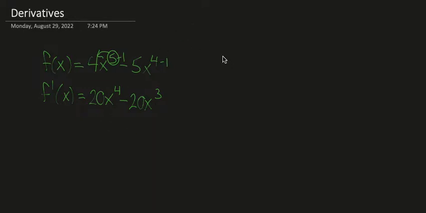Our next equation is going to be f of x equals 3x squared times (x cubed plus 1) to the seventh power. Here we have a product rule. So when we take the derivative, we're first going to take the derivative of the first term, 6x.